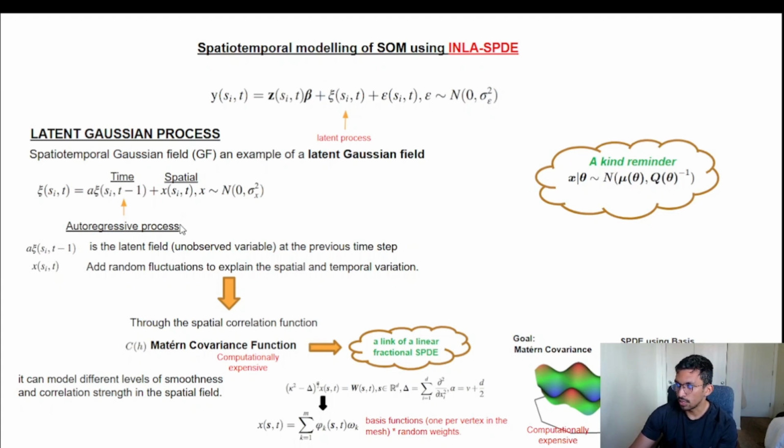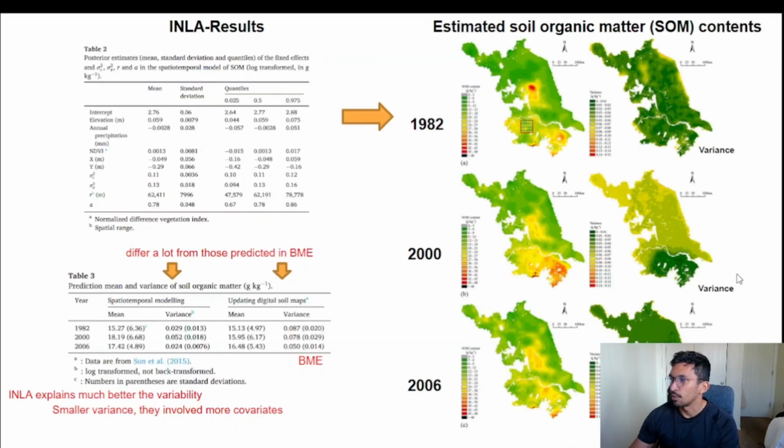Instead of the spatial autocorrelation with the Matérn covariance function, they used a similar one called linear fractional SPDE, because sometimes this Matérn covariance function could be computationally expensive to set. We can observe the result using that approach.